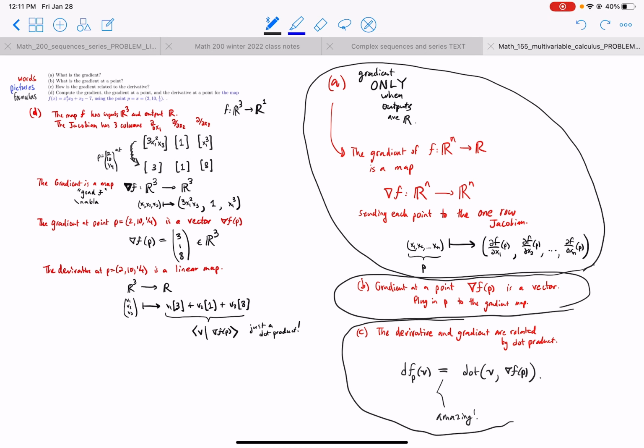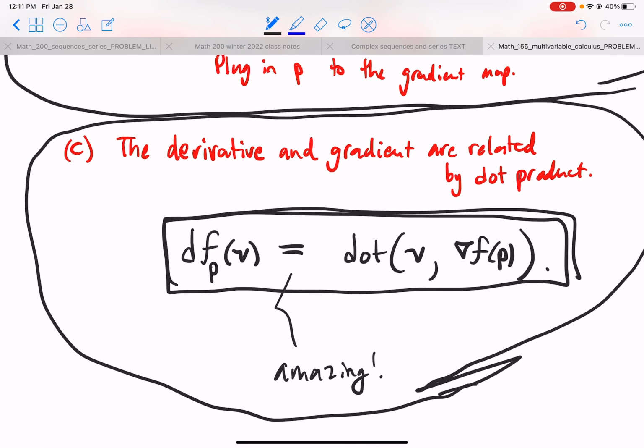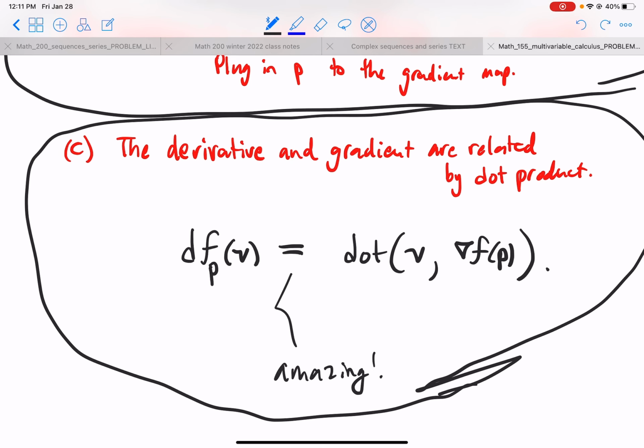Part C, the derivative and gradient are related by a dot product. Very specifically is this formula. Note, everything matters here. df sub p at the point P, if we linearize at P, then we put the gradient at P, we get a vector. V is our input to the linear map of the derivative, and we just take it's a vector, so we dot product these two vectors together, and that gives a number.